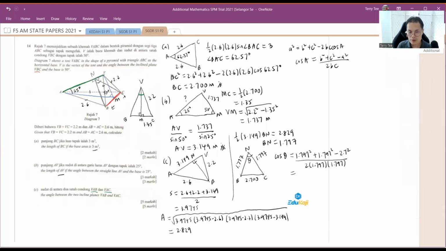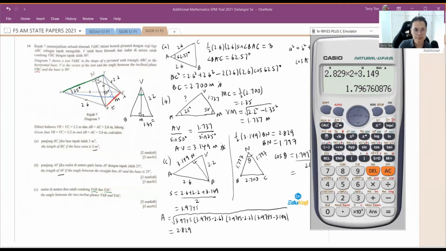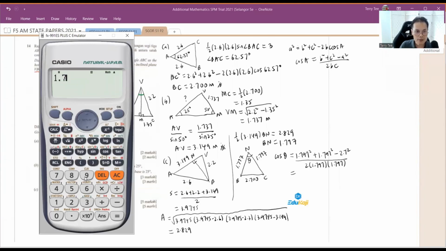We can straight away use the calculator. I take 1.797 squared times 2, minus 2.7 squared, divided by 2 times 1.797 squared. Whatever I get, I shift cos answer, and it equals 97.40 degrees.